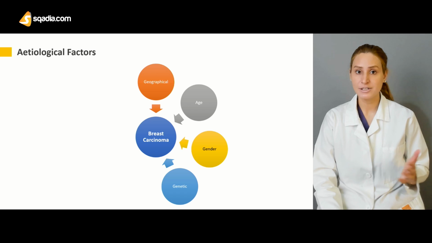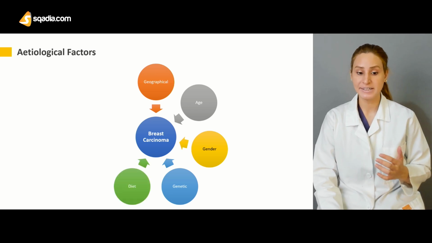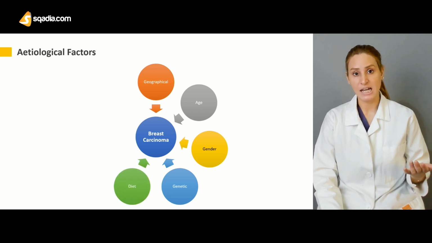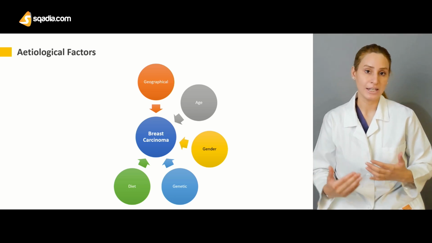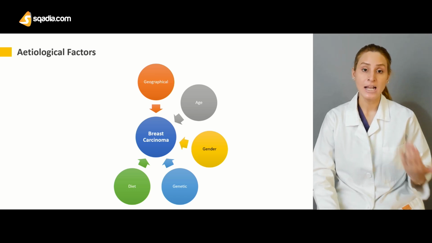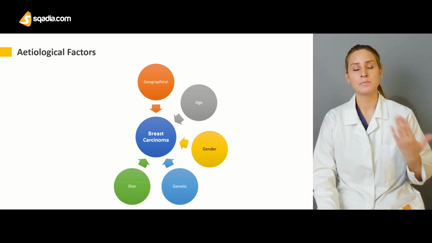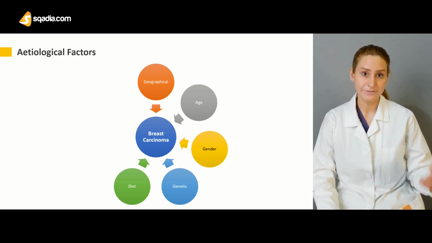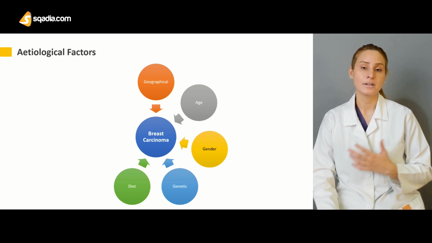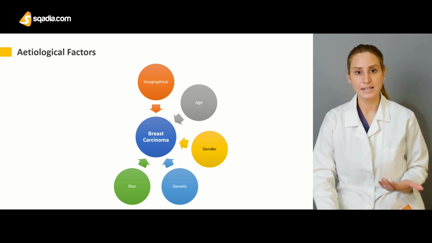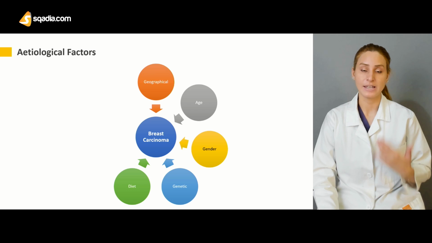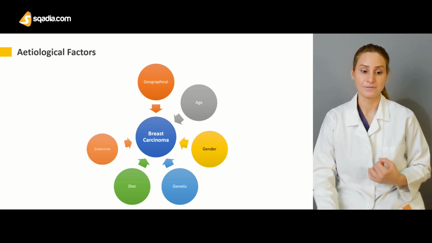Then genetics, we already talked about the genetics in the familial cases. We already talked about the diet, those things which are rich in progestin and estrogen. There are some kinds of cereals, dry fruits and nuts which have a high content of estrogen and progesterone, which is responsible for the generation of the tumor cells.